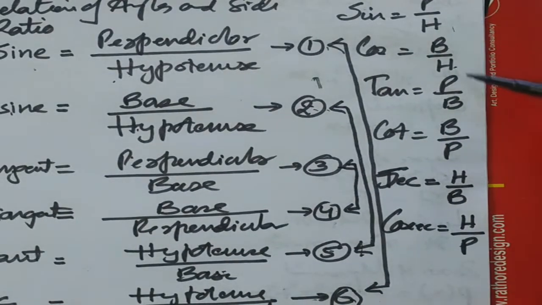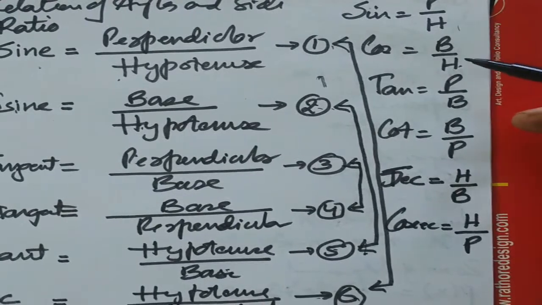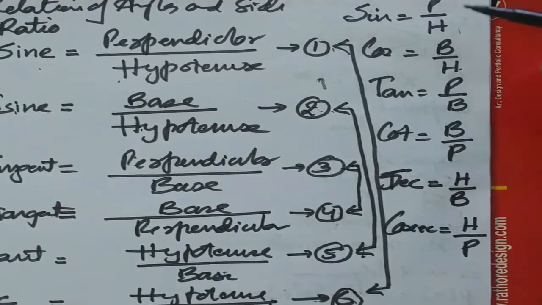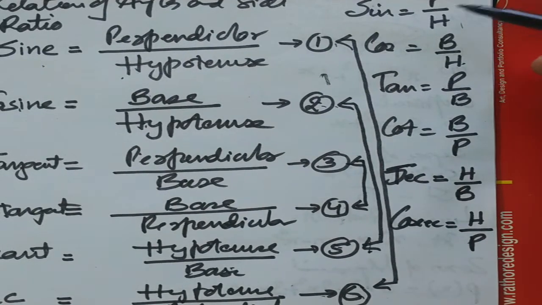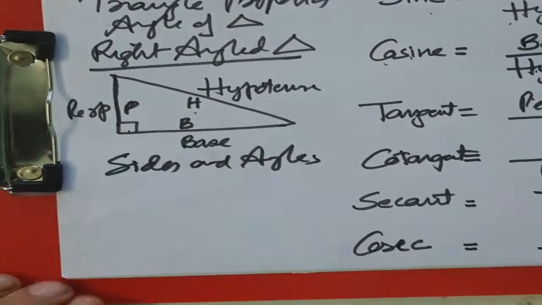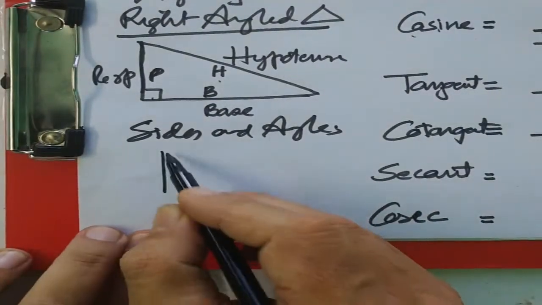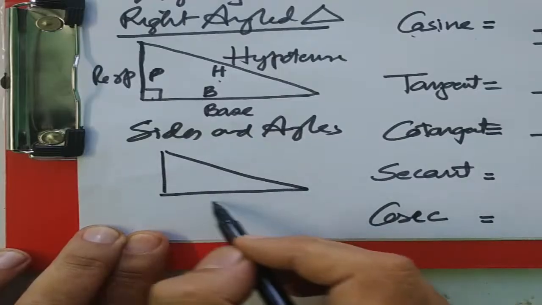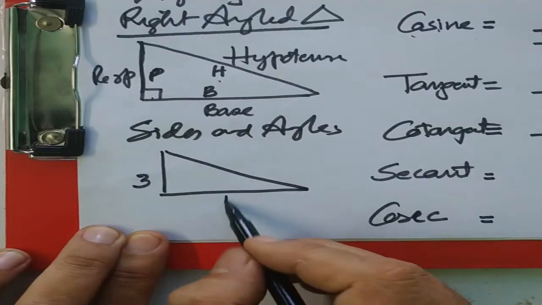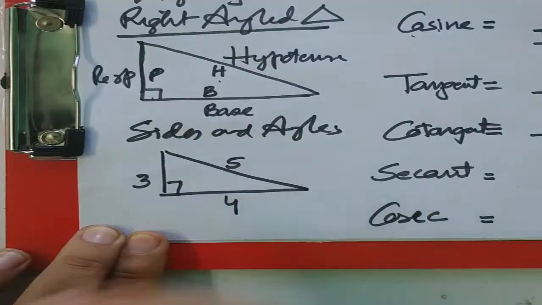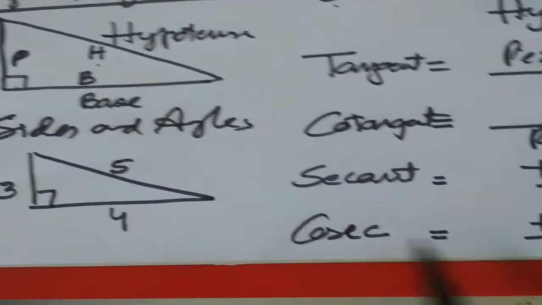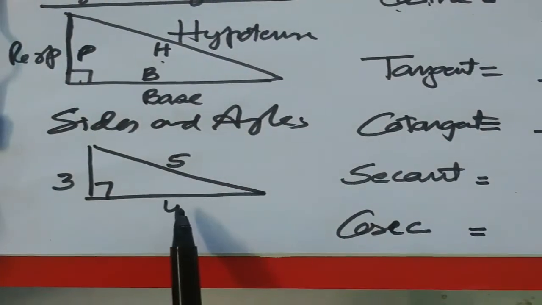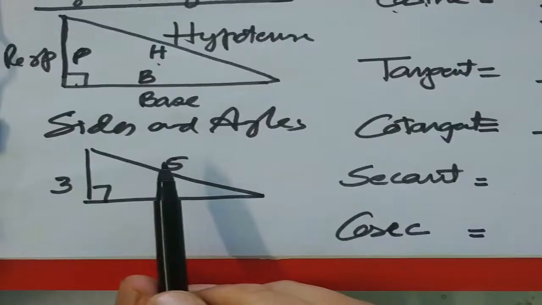So what is the use of this? You will get the ratio of perpendicular and hypotenuse, base and hypotenuse, and perpendicular and base. Suppose I take a right angle triangle with sides 3 centimeter, 4 centimeter and 5 centimeter. This is the base, this is the perpendicular, and this is the hypotenuse.